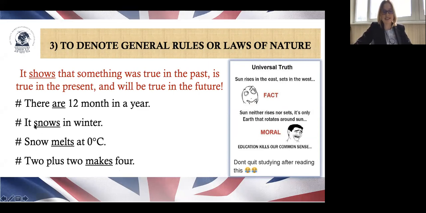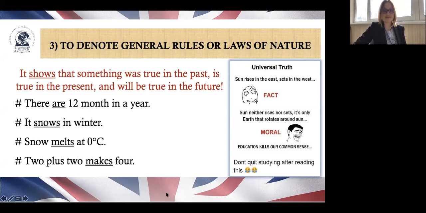The next example: it snows in winter. Frankly speaking, here we underline the laws of nature. It typically snows in winter, and also snow melts at 1 degree Celsius. In this case, we cannot say anything about it. We just simply admit that this is the fact. Then 2 + 2 makes 4.